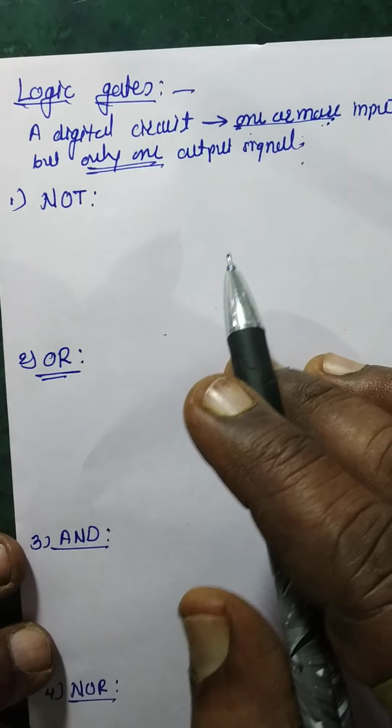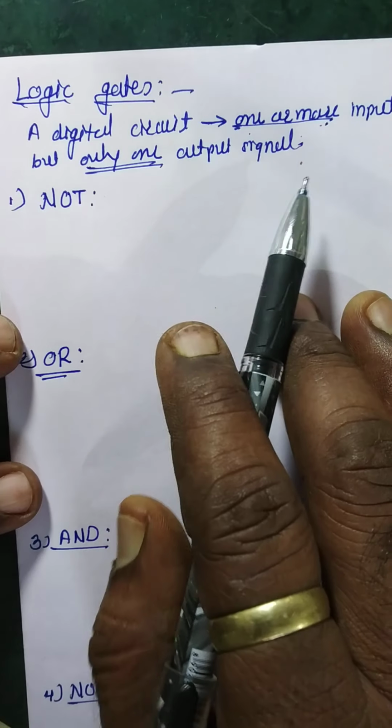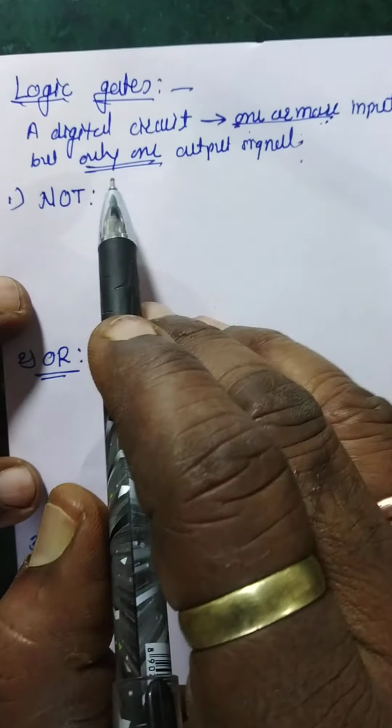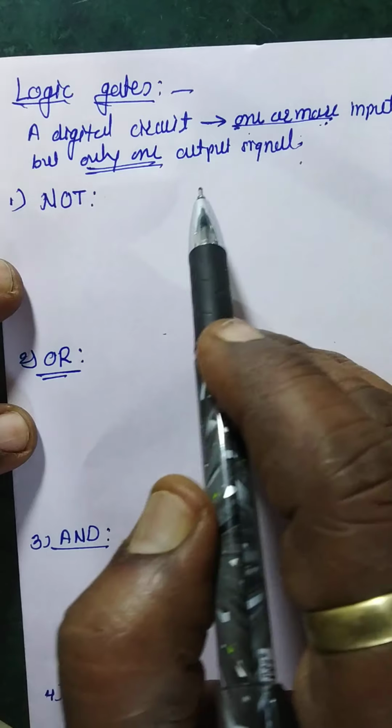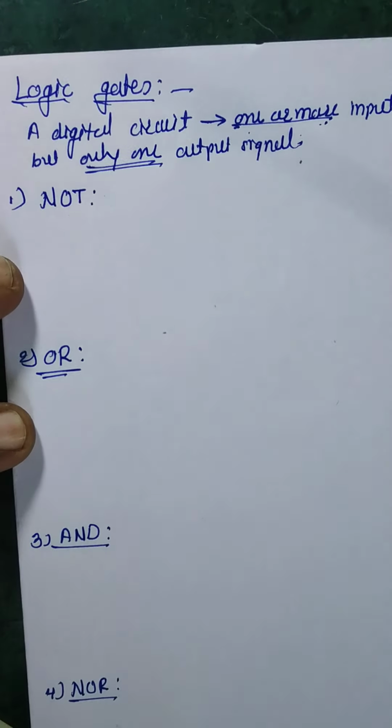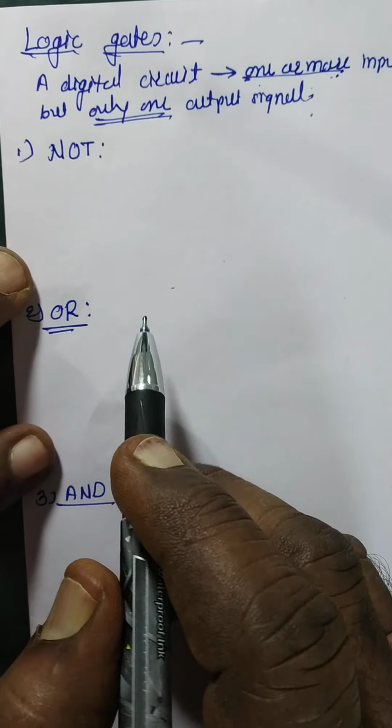What is a logic gate? A digital circuit which has one or more inputs but only one output is called a logic gate. There are different types of gates, the first is the NOT gate.